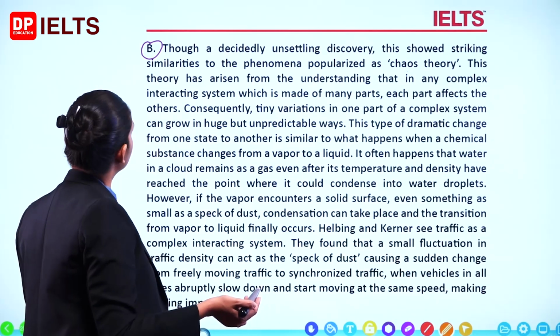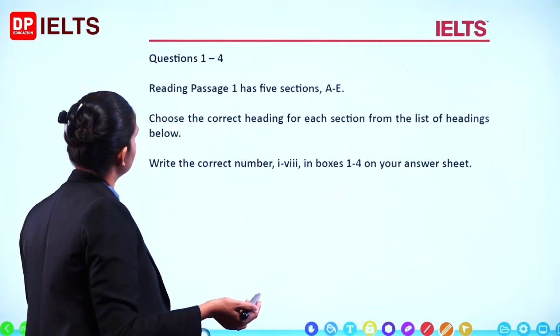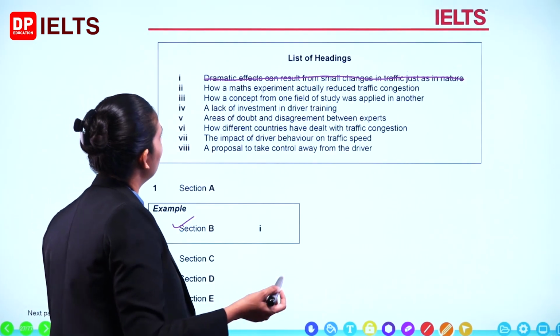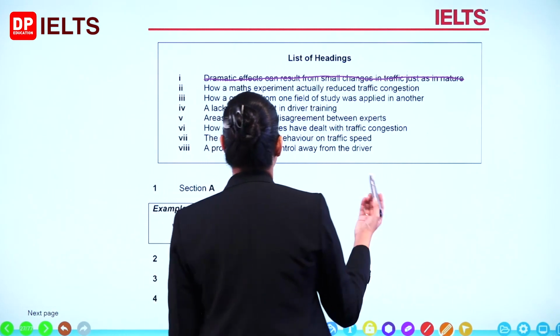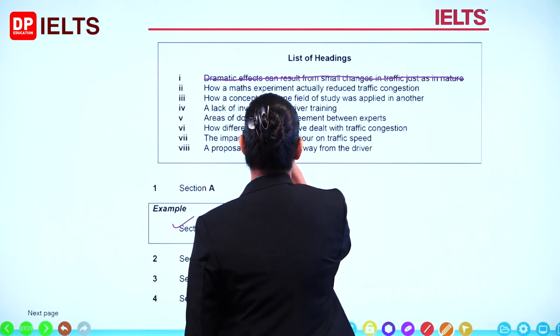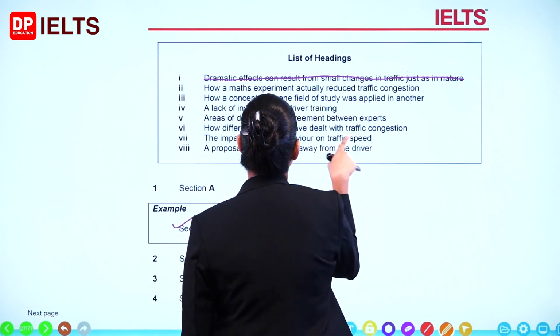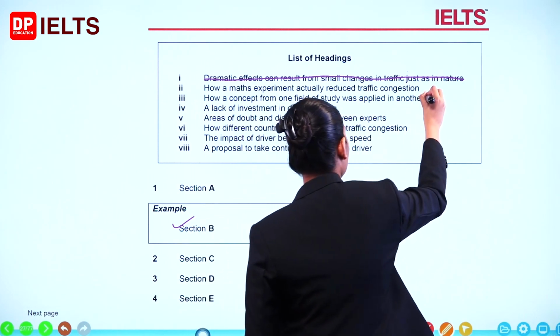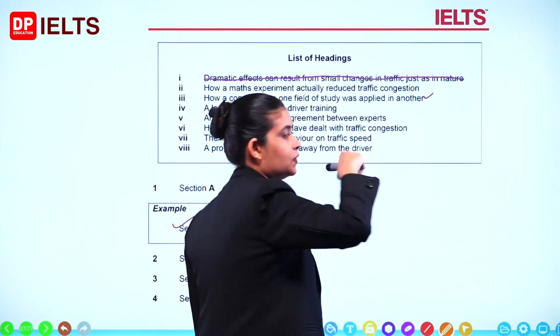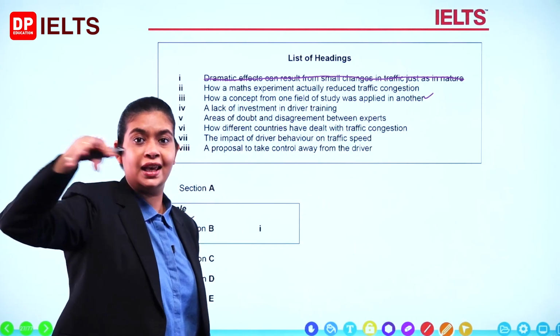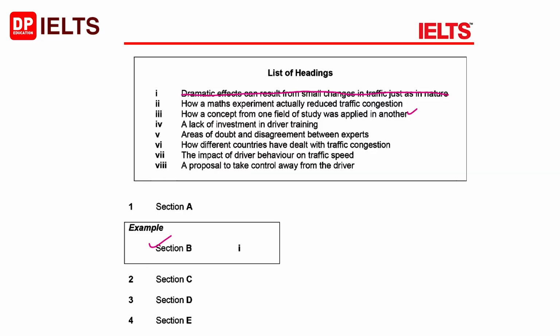So coming back to our listings, let's have a look at it. How Max's experiment, didn't talk about Max's experiment. How a concept from one field of study was applied to another could be probable because they were talking about traffic and gas flow.